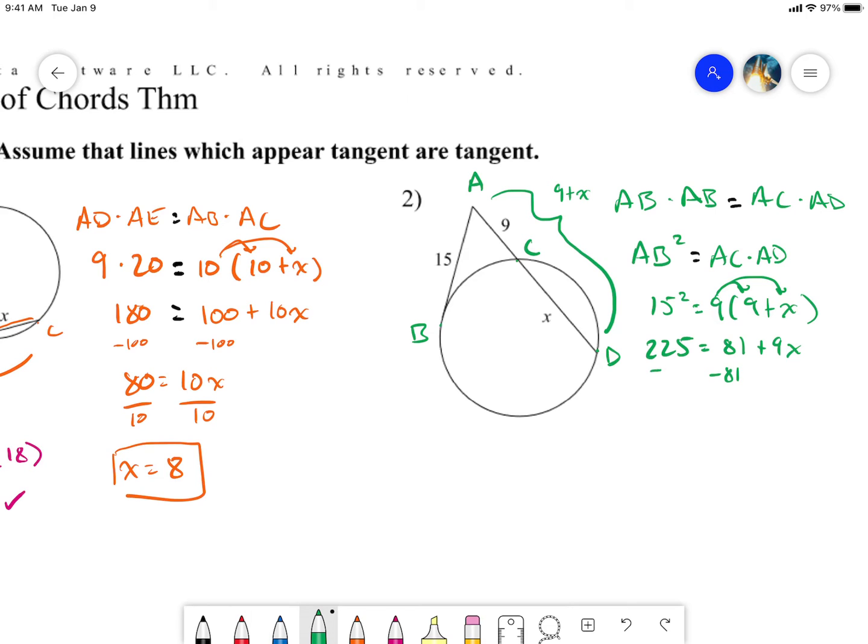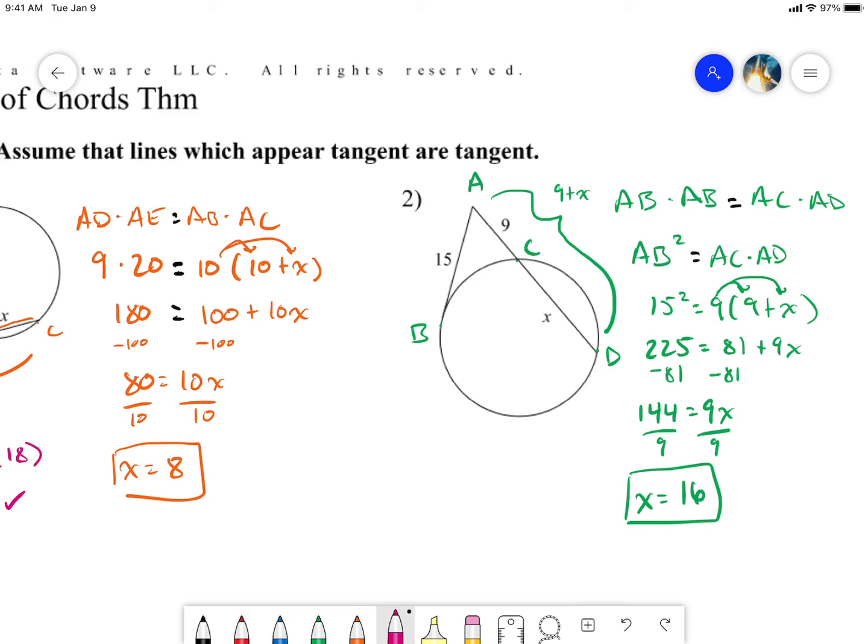Subtract 81, subtract 81. What's 225 minus 81? 144 is equal to 9x. Divide by 9, and I get x is equal to 16.